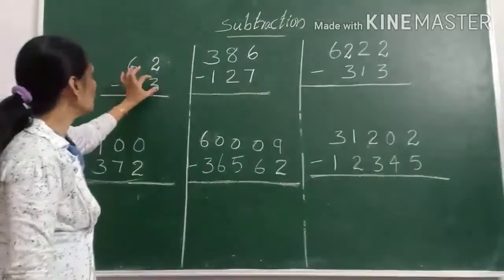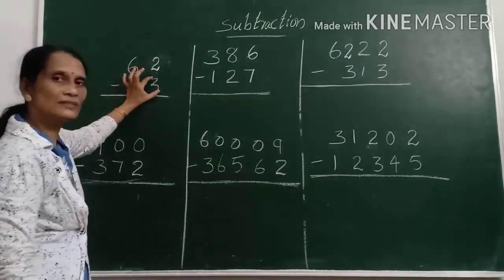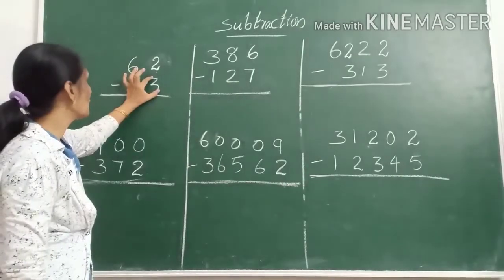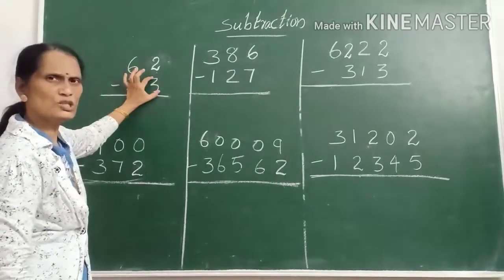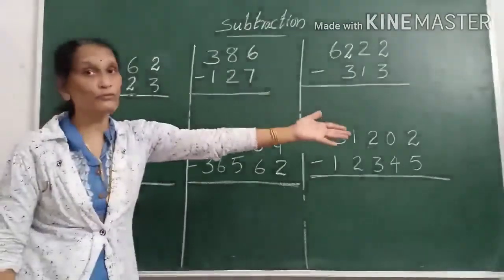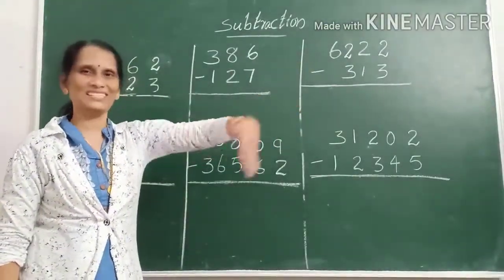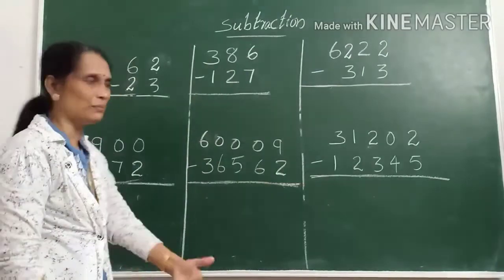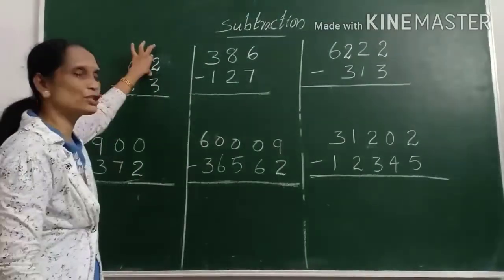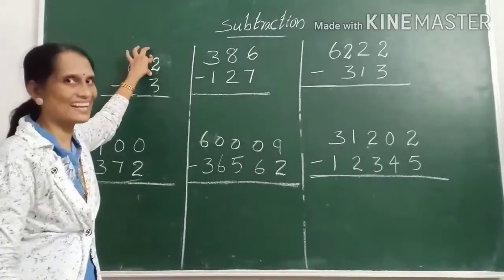Here we have to take the addition table of 3. But it's clear that 2 won't come in the addition table of 3. 3 plus 1 is 4 only. A bigger number only will come when we say the addition table. But how will we get it? There is no possibility, right?